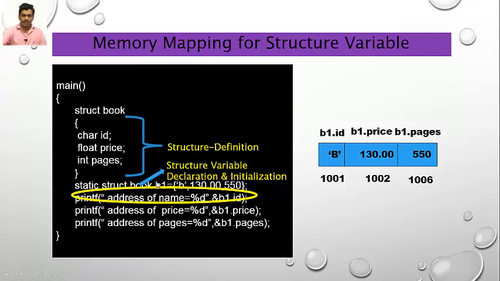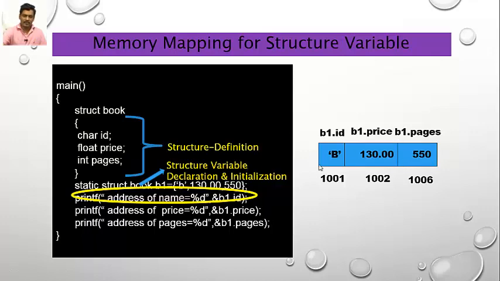In this line, we initialize the values at the time of declaration. So 'B' is assigned to b1.id, 130.00 is assigned to b1.price, and 550 is assigned to b1.pages.